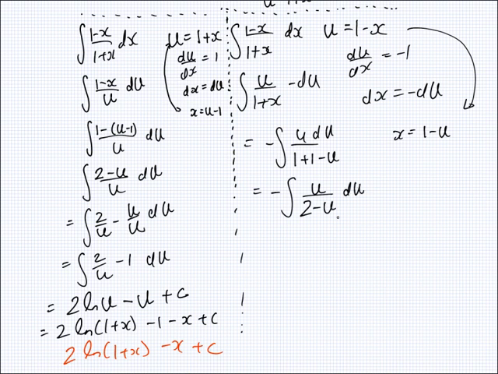Now what do I do now? u over 2 minus u? Yeah. Okay. Just split again. u over u minus 2 is about as good as I can get with the minus. Okay, so what's next now? Split. Split how? 1 minus u over 2?